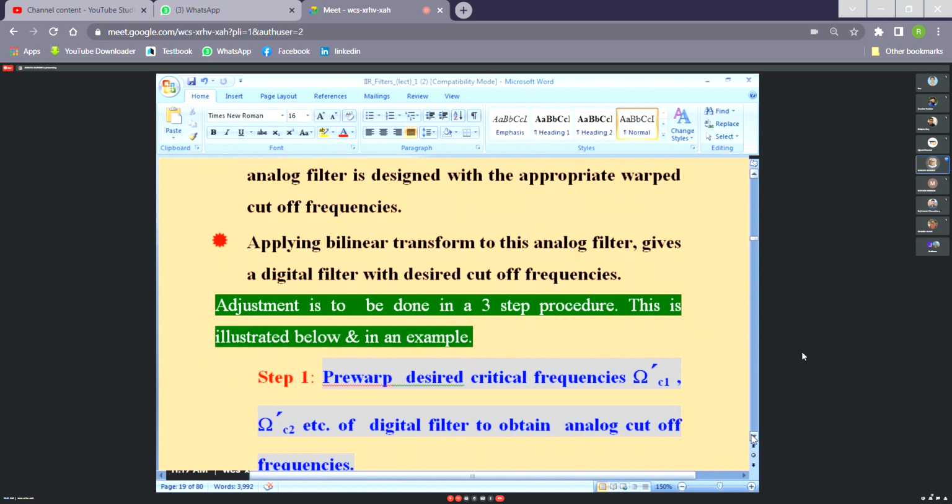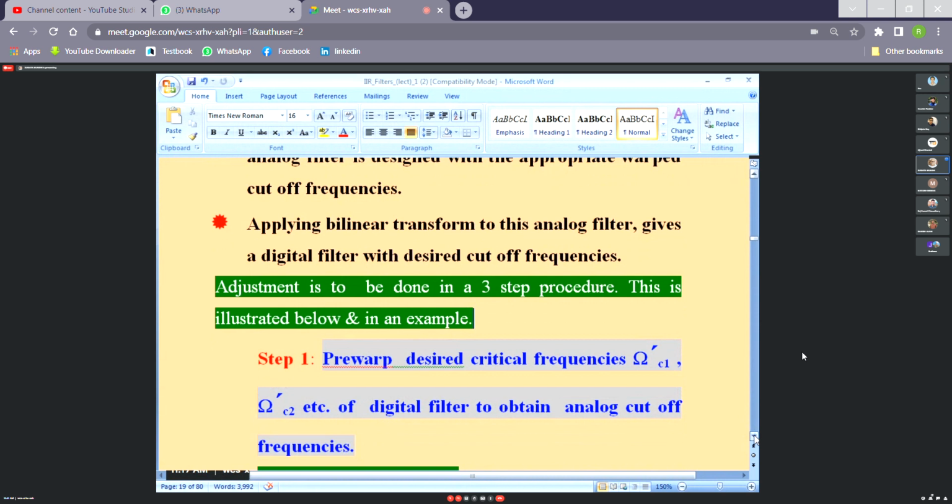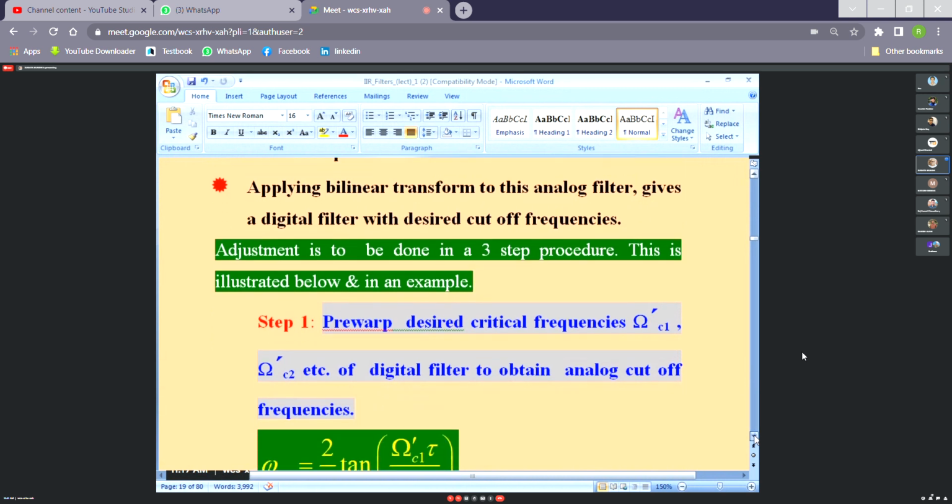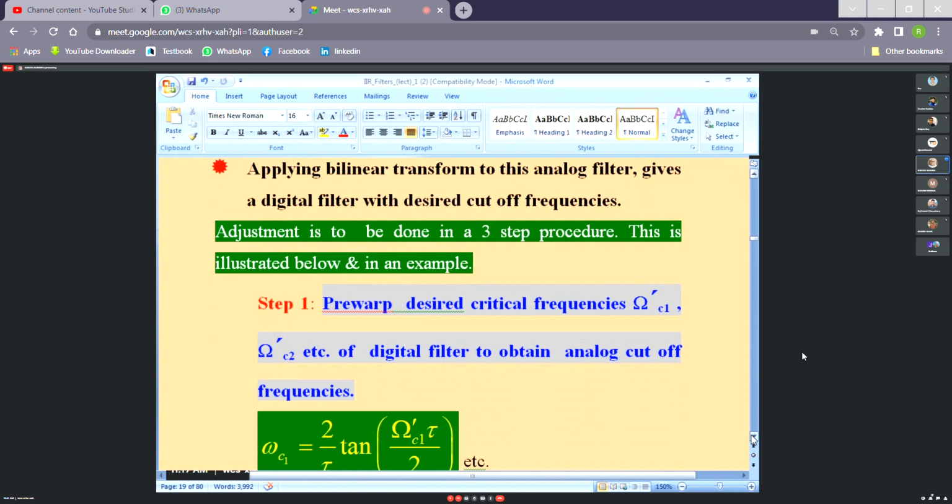I have here enumerated the steps to be followed, one by one. So what will be the first step? The desired critical frequencies, capital omega C1 prime, capital omega C2 prime, etc., of the digital filter are used to obtain analog cutoff frequencies, small omega C1, small omega C2, small omega C3, in accordance with the relation that is written here.